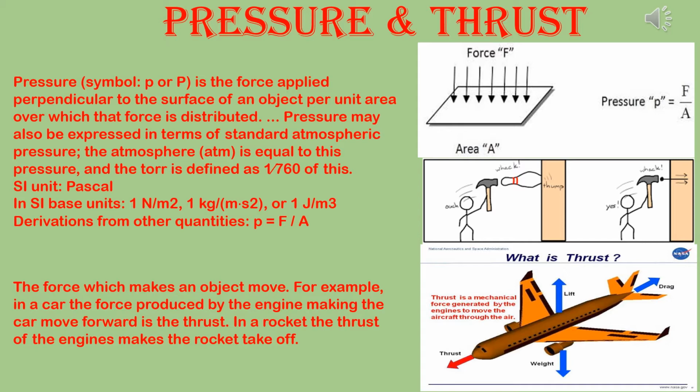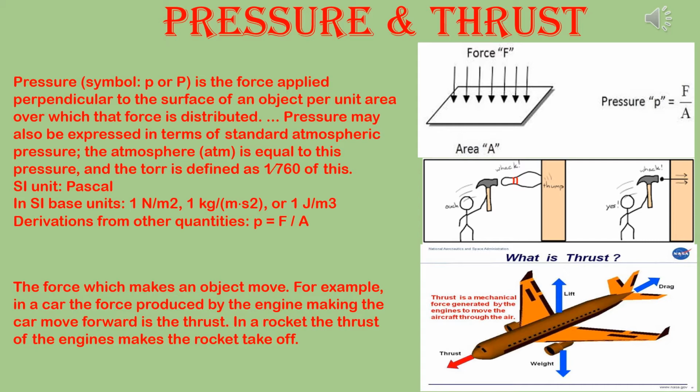Thus, thrust is equal to pressure into area. Pressure is a scalar quantity as it has no directional property, while thrust is a vector quantity. So, this is the basic difference between pressure and thrust.